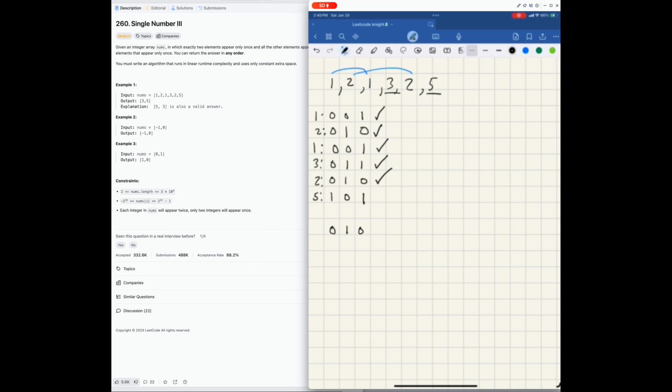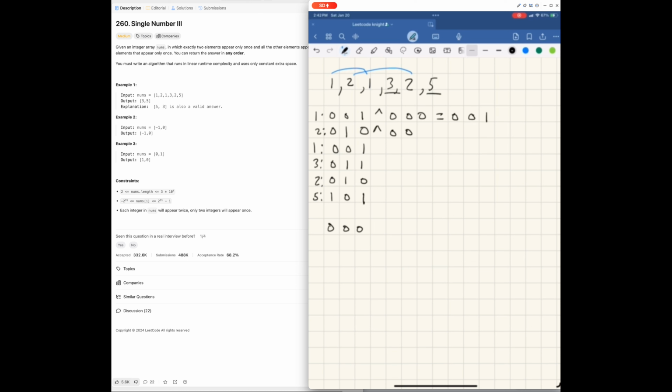And then finally, we XOR 0, 0, 0, and that's going to give us 0, 0, 1.